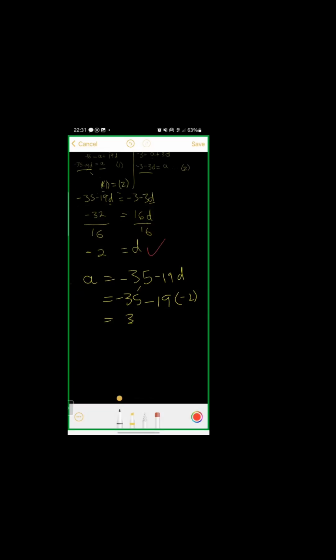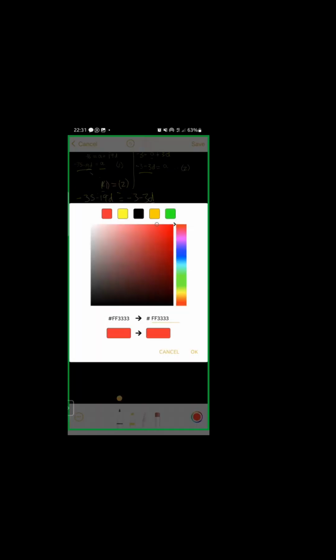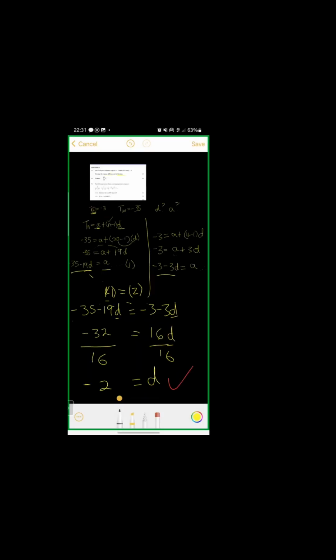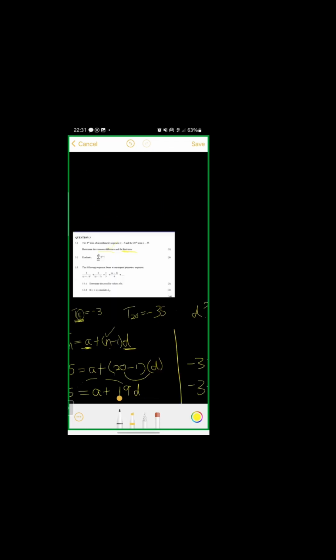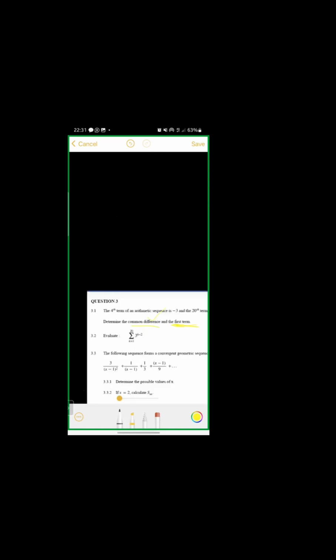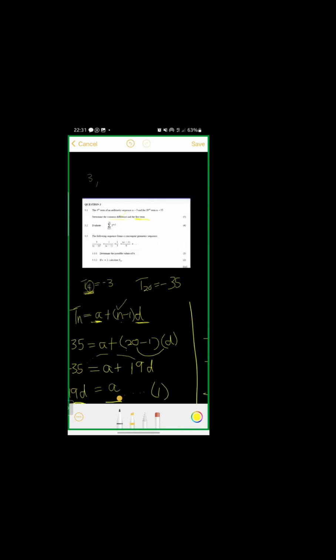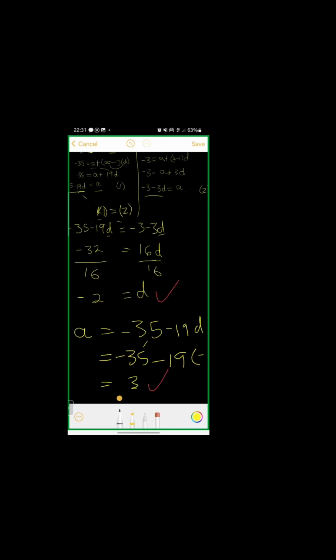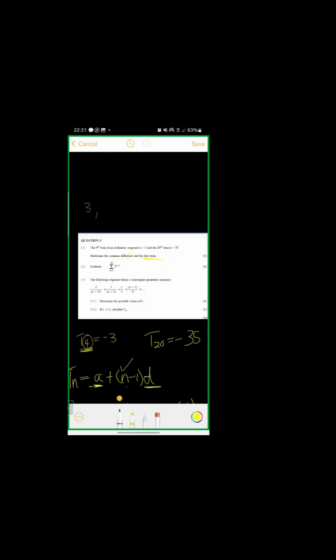One thing I like about mathematics is that you can always confirm and see: are we corresponding? Are we making sense? So we got our A as 3, so let's write down our sequence. We said our difference is negative 2, so 3, then 1, then minus 2 again is negative 1, then minus 2 again is negative 3.